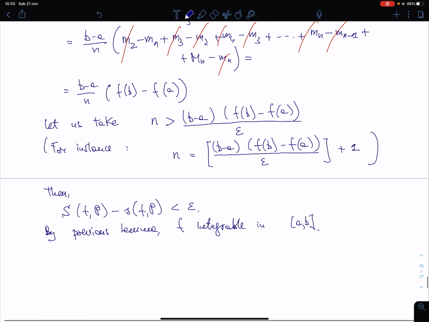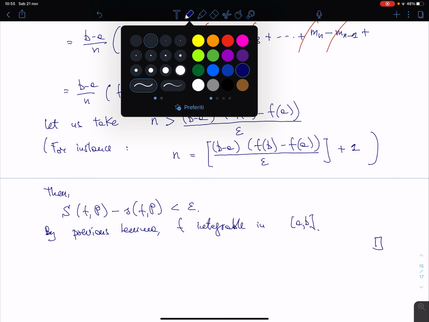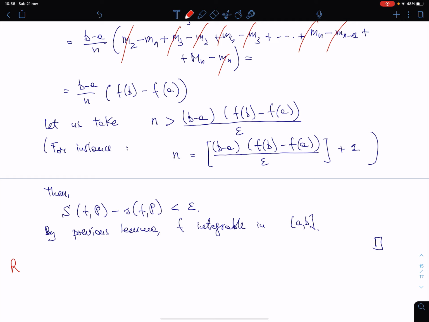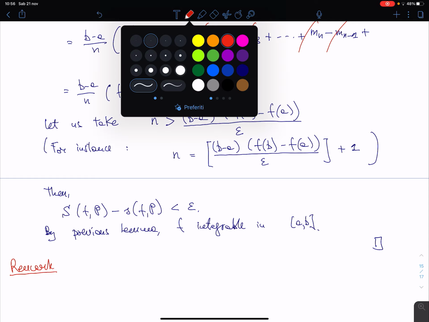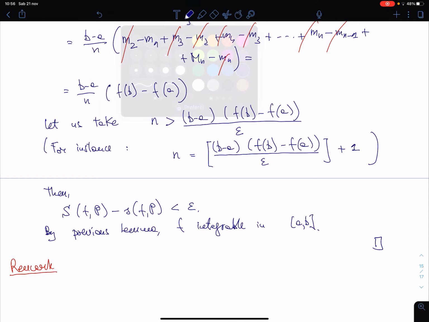This is a very important result, and let me complete it with the following remark. As I told you, but without proof, when studying monotone functions on a closed interval, a monotone function can afford how many discontinuities? Infinitely many.